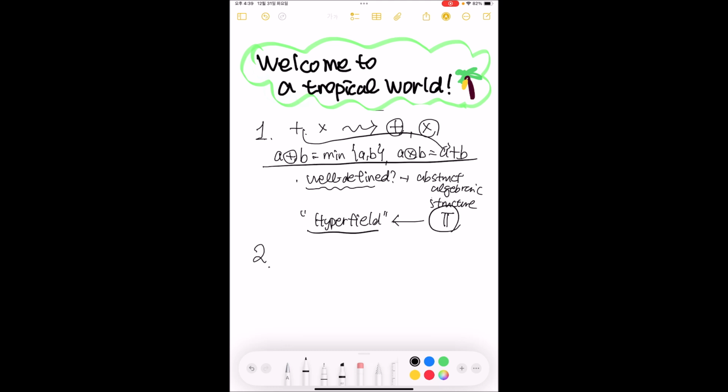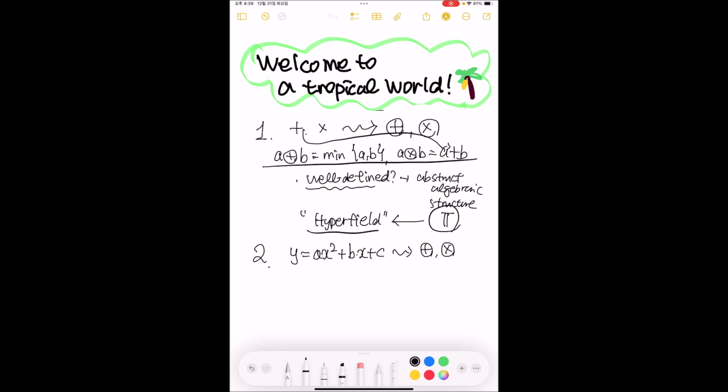And in the second lecture, consider a quadratic function that is easy to plot. However, in a tropical system, as I said, the multiplication and addition will be changed to the tropical sum and tropical multiplication.